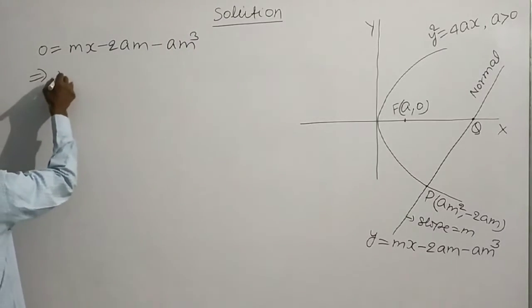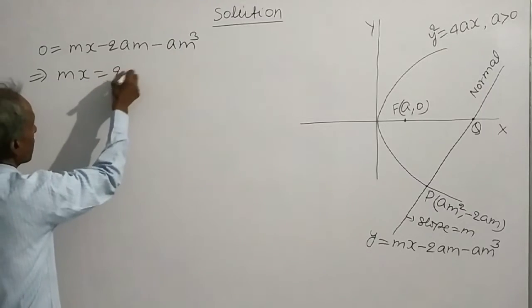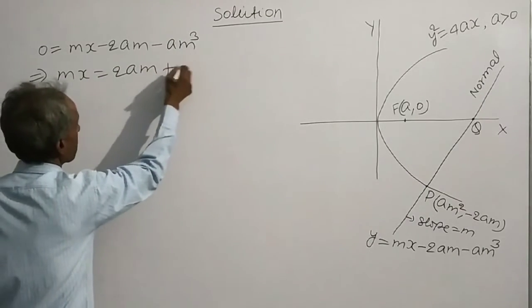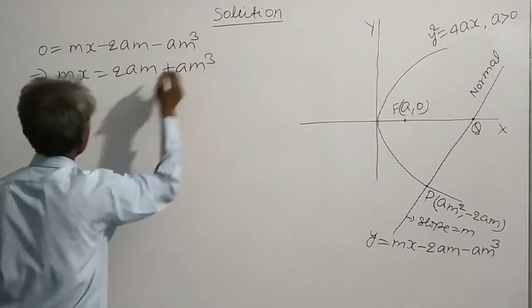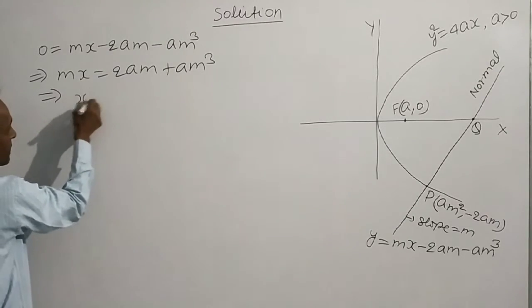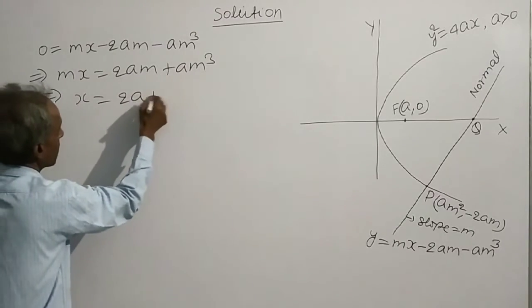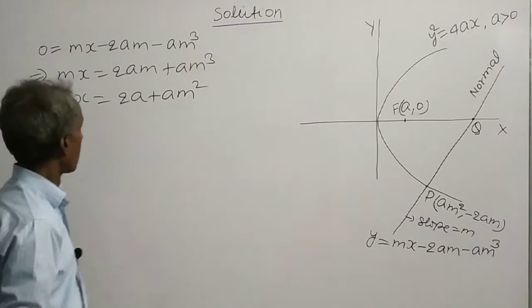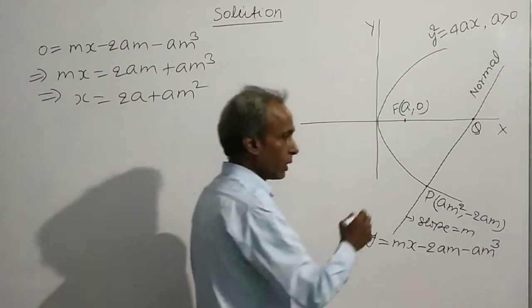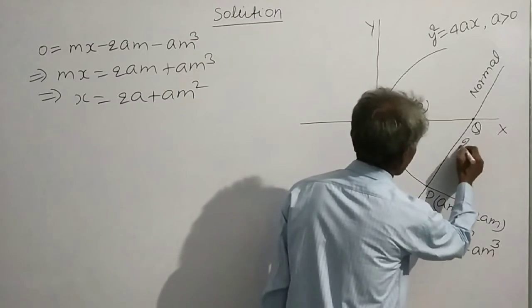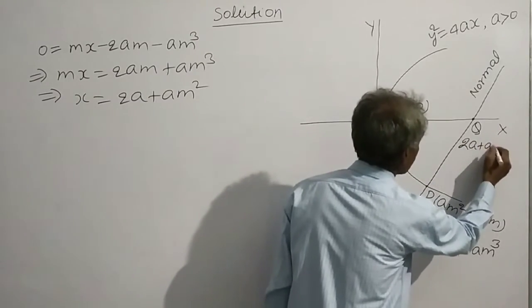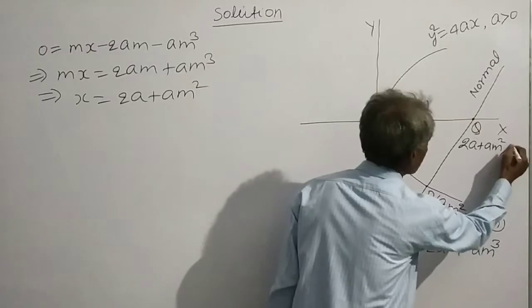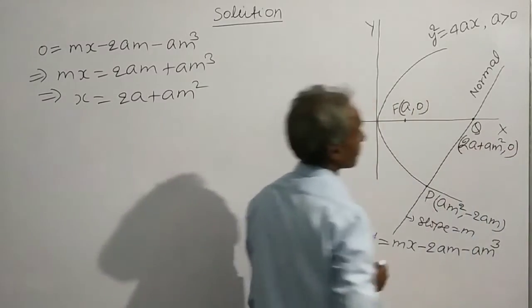This implies mx is equal to 2am plus am cube. This implies x is equal to 2a plus am square, and the y coordinate will be 0.